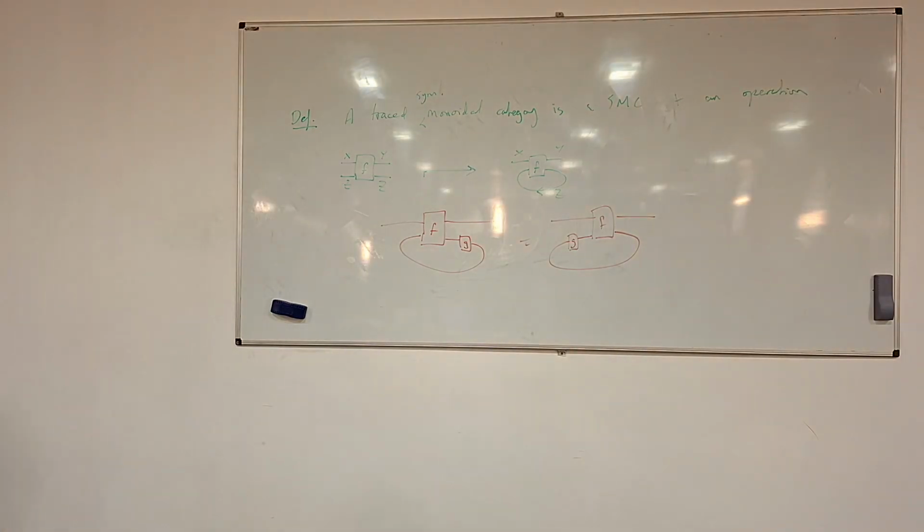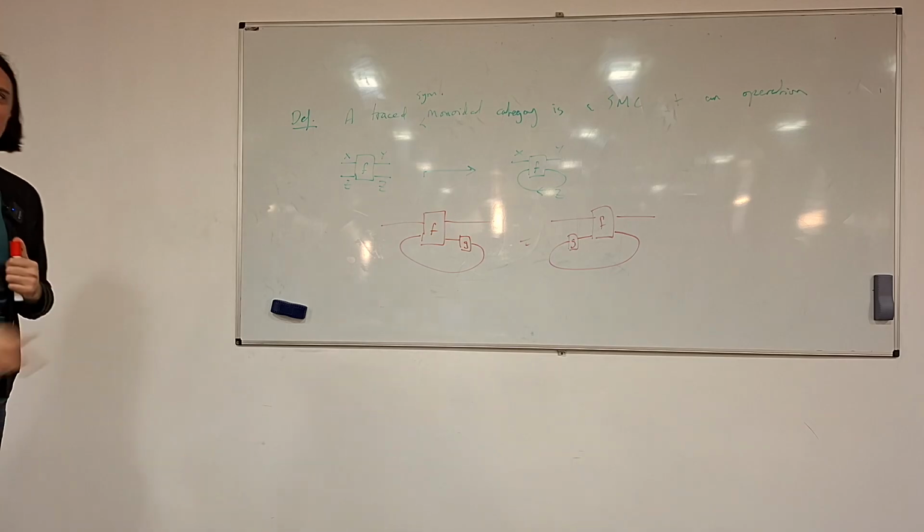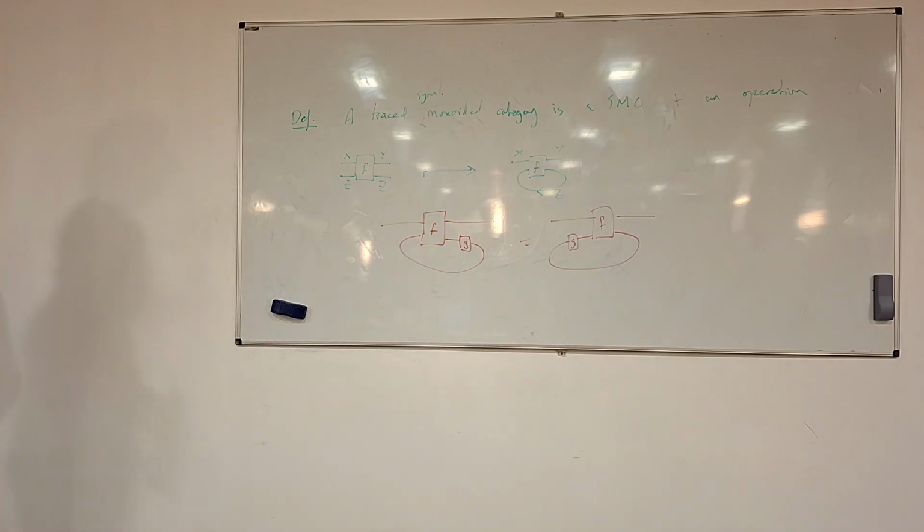Okay, so this is the first structure that the category of sets doesn't satisfy. I've given you two different monoidal structures on Set, the Cartesian product and the co-Cartesian product. Neither of them admits a trace. This shouldn't be very surprising because Set is not a model of non-well-founded recursion. You cannot write a non-well-founded recursion in the category of sets and expect it to mean something.